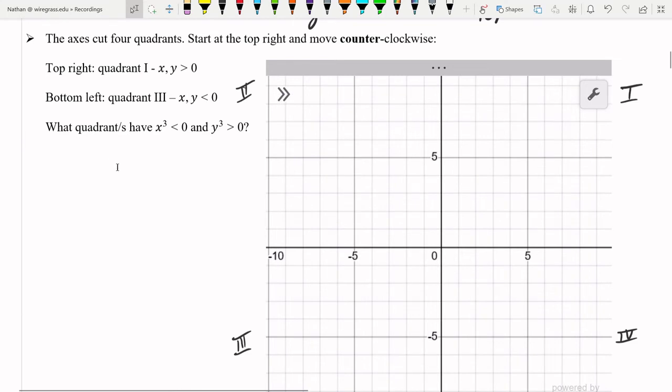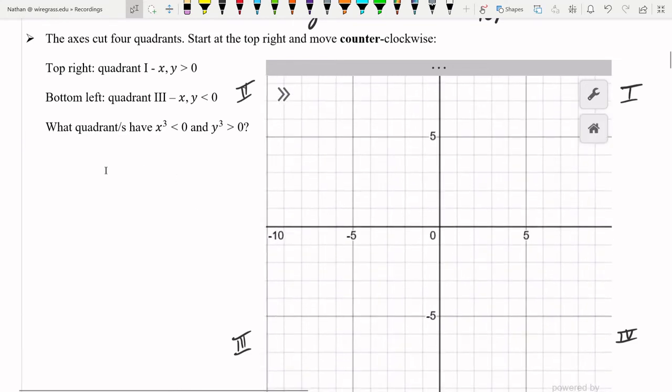Using this kind of idea, we can ask certain questions. For instance, which quadrants have x cubed less than 0 and y cubed greater than 0? To do this, all we have to know is when these things are positive and negative.